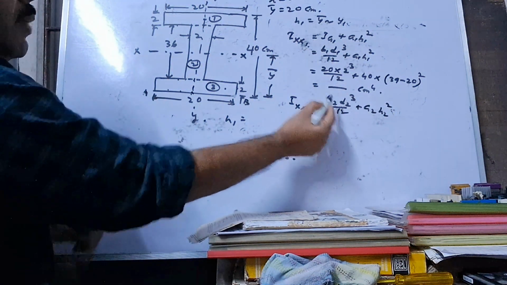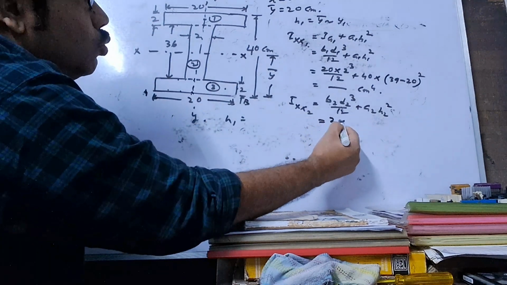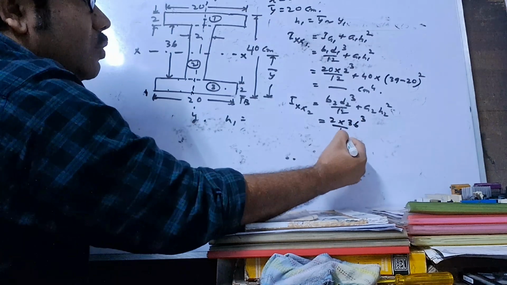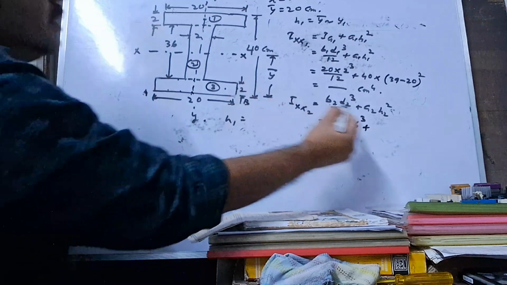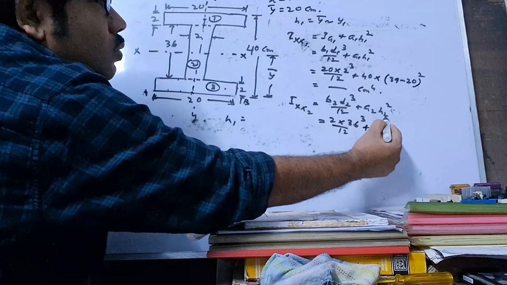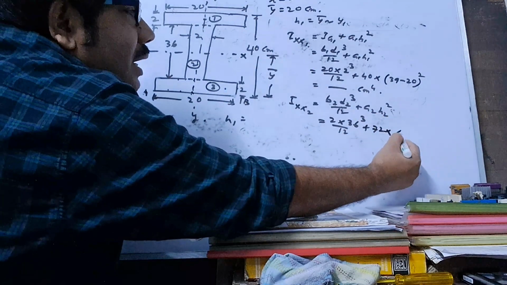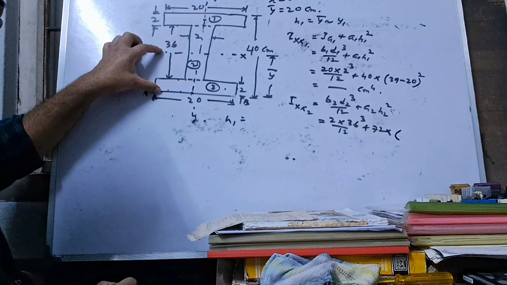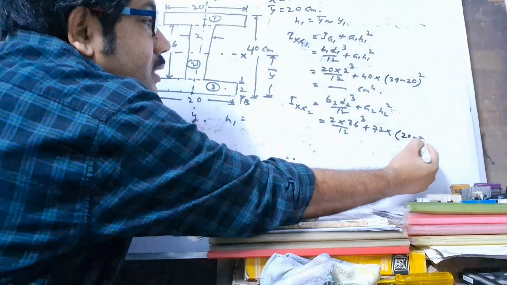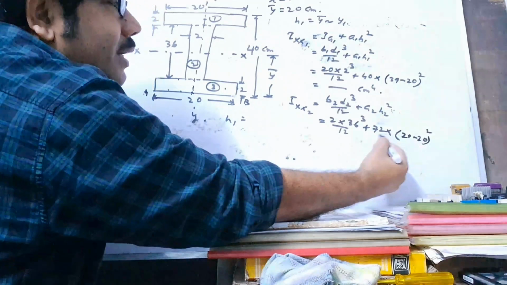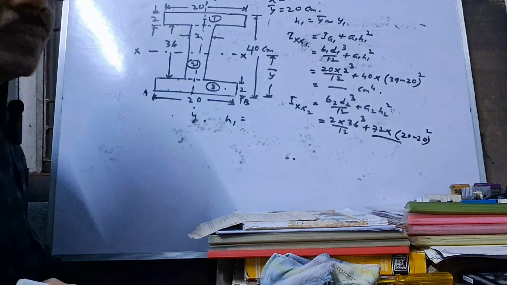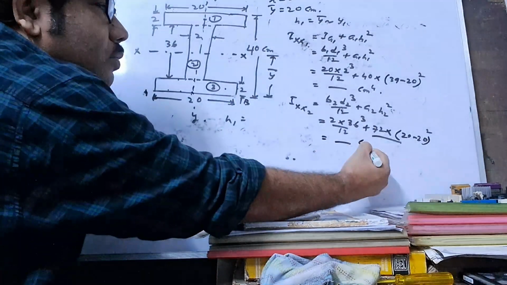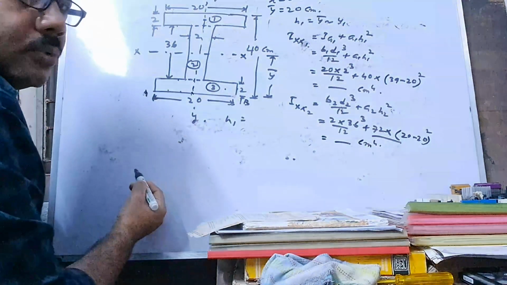Here the breadth for section 2 is 2, D2 is 36 cube by 12 plus area 36 into 2, that means 72, H2, that means here y bar and y2, y bar 20 and y2 is also 20, that means here 20 minus 20 the whole square, that means this portion is neglected. So you must calculate this value, and this is centimeter to the power 4.